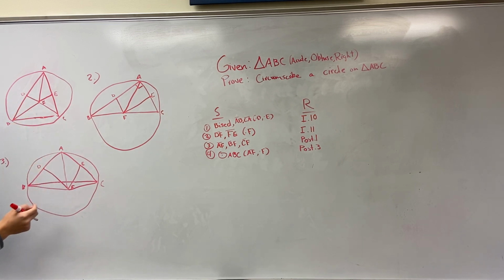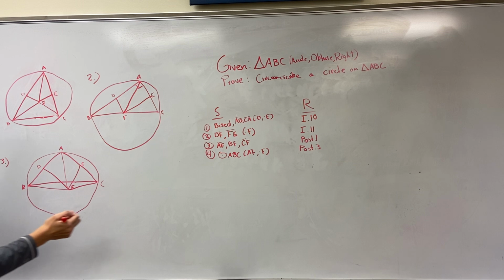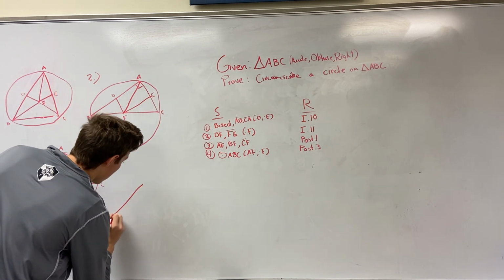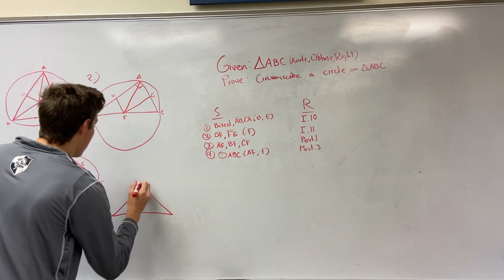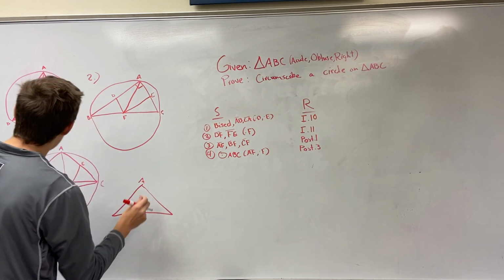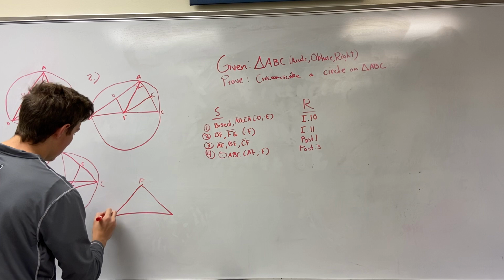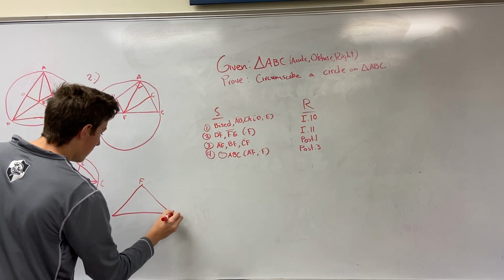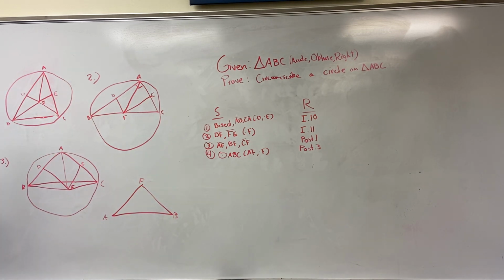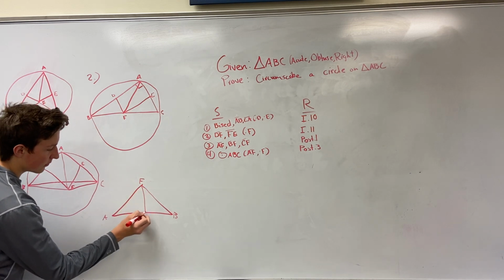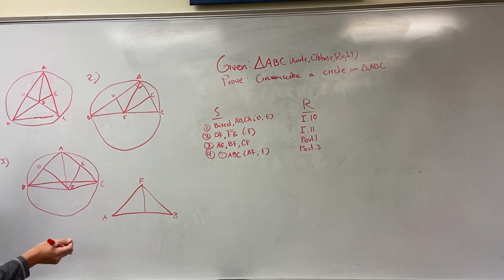I'm going to pull out this ADF triangle, or this AFB triangle. F is the top, and it's split into two sides, so I'm pulling out two triangles actually.